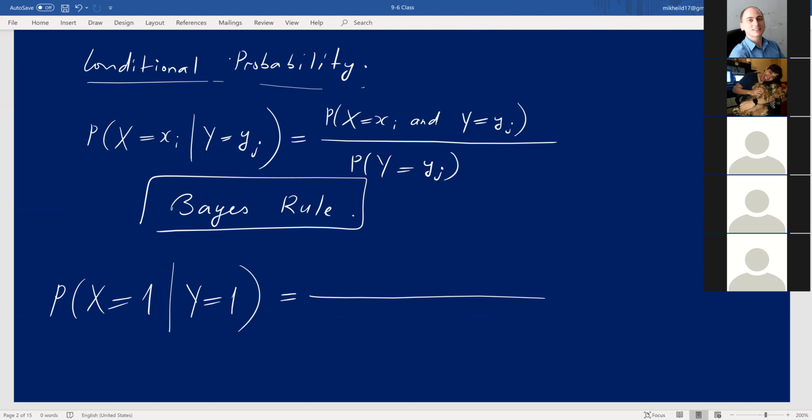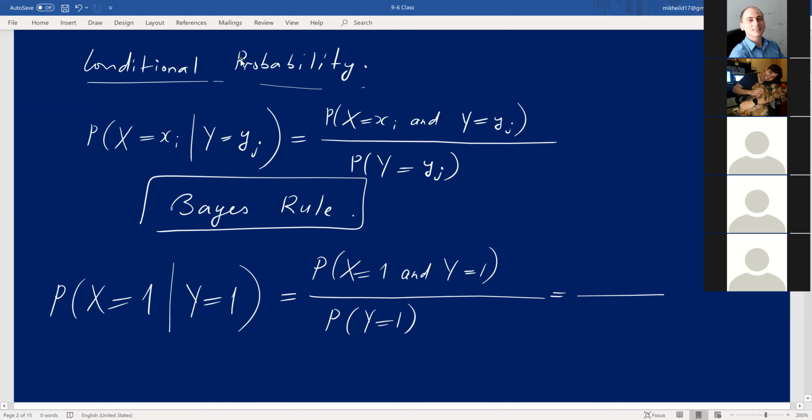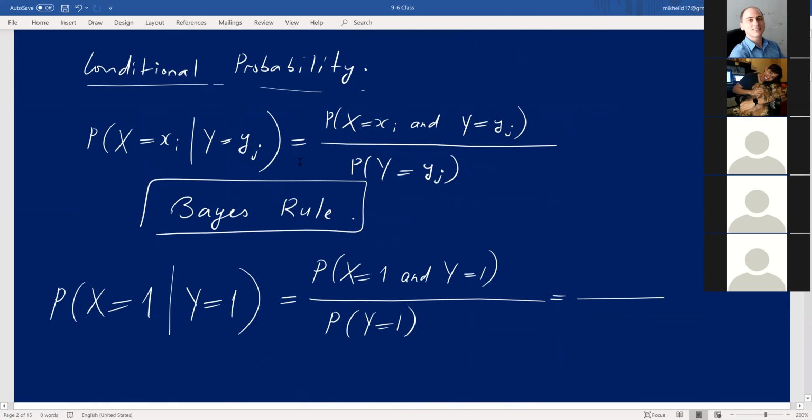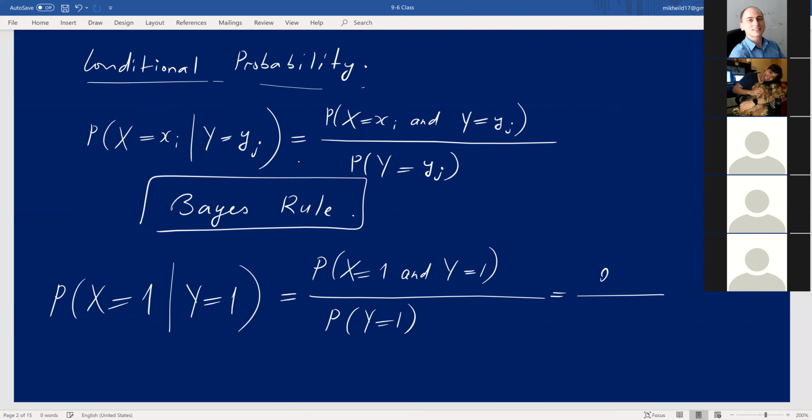We can apply this Bayes rule to this question, and we can write that this is the probability that x equals 1 and y equals 1, divided by the probability that y equals 1. And then we go to the table. What's the probability that x equals 1 and y equals 1? X equals 1, you are here. Y equals 1, you are here. And you see that the probability is 0.20. So we write 0.20 in the numerator.